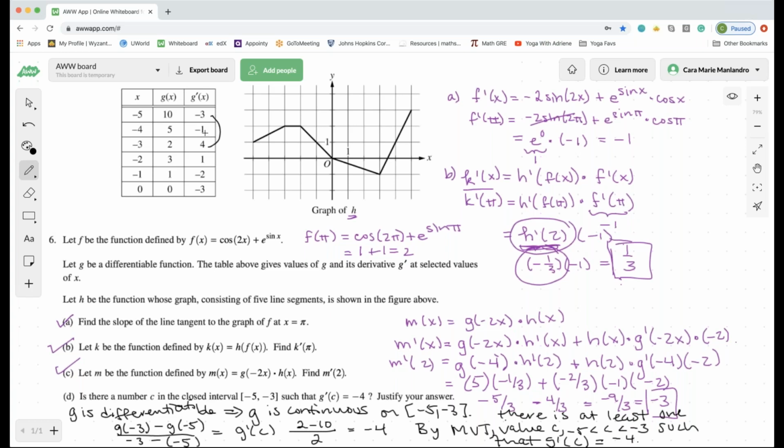All right, if this was not continuous or not differentiable on the closed interval, we wouldn't get to make that conclusion. All right. Does anybody have any questions on that question?